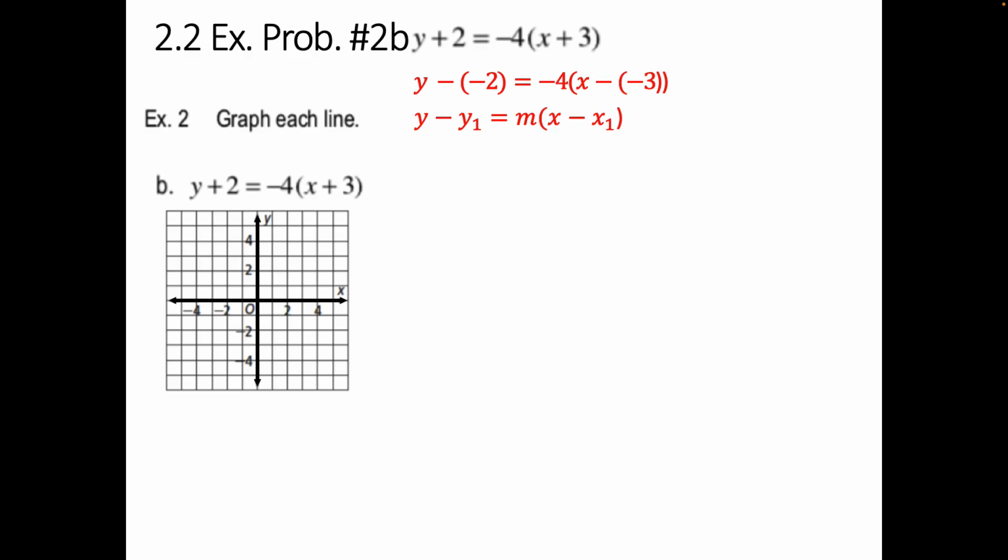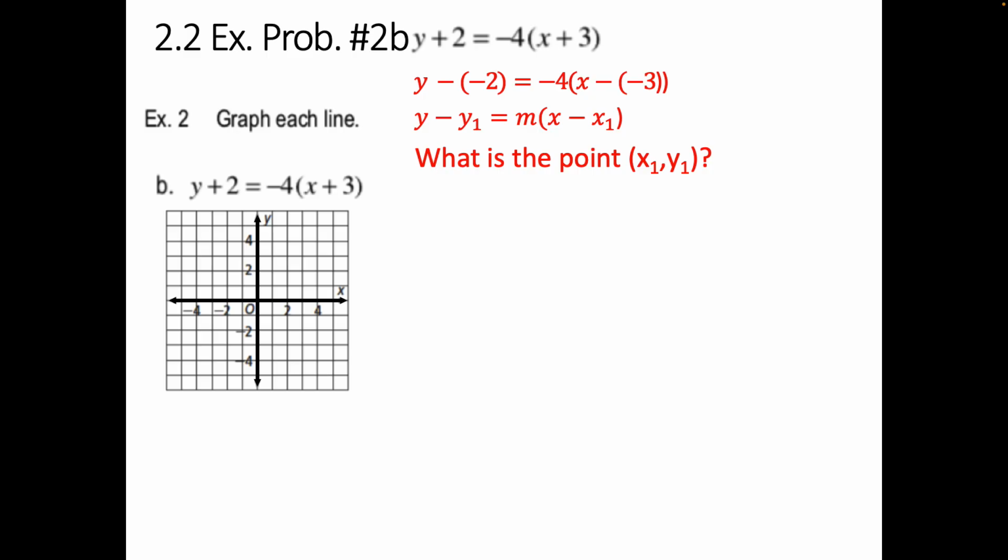But the reason we're doing that is because now it is in the same format as our point slope form, y minus y1. So now it should be really easy for us to figure out the point, which is the first goal in our graphing. We begin with trying to figure out a single point on the line, x1, y1.